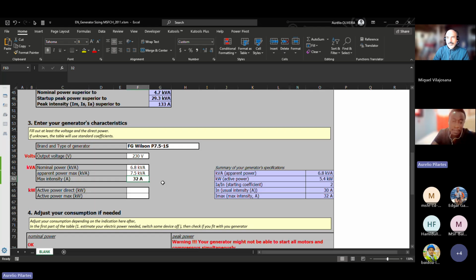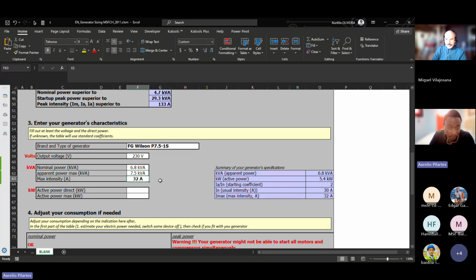Now, we should choose a single phase generator because we have less than 12 kVA, and when we were talking about power sources, whenever I have less than 12 kVA, it's always preferable to go for a single phase generator. Otherwise, it won't be enough power per phase.